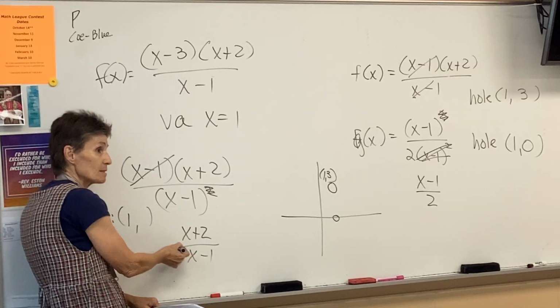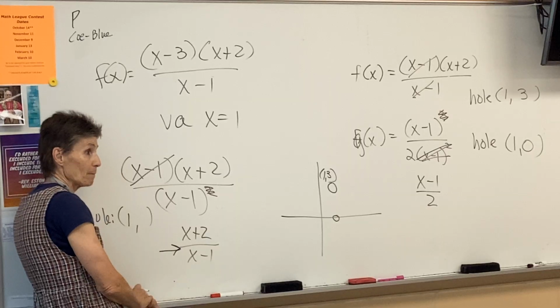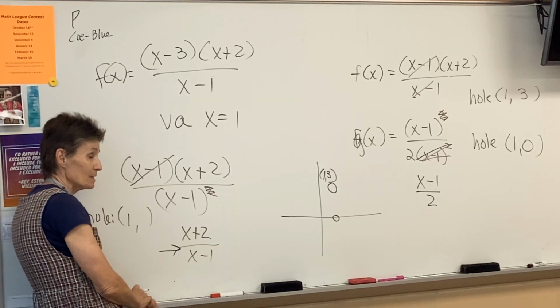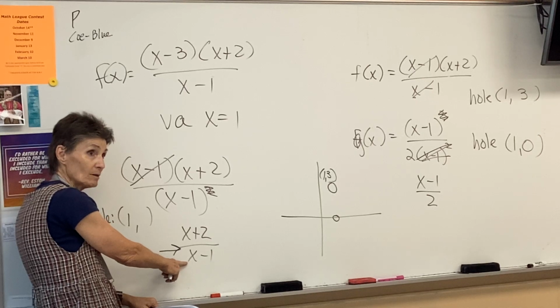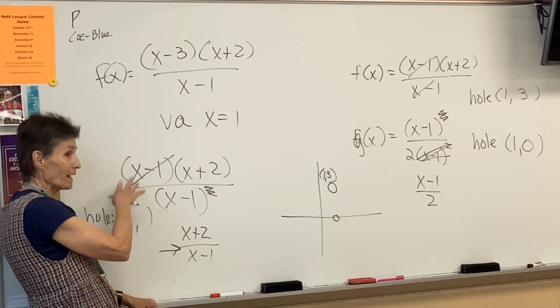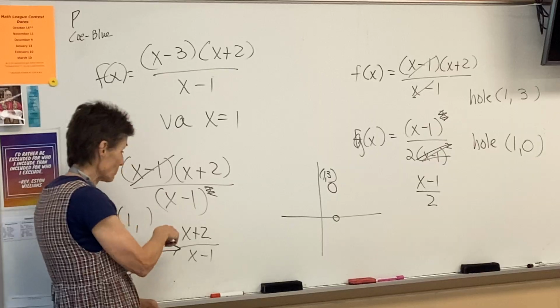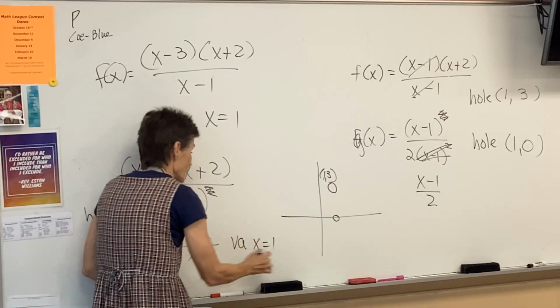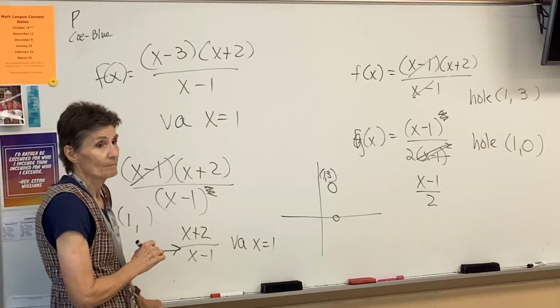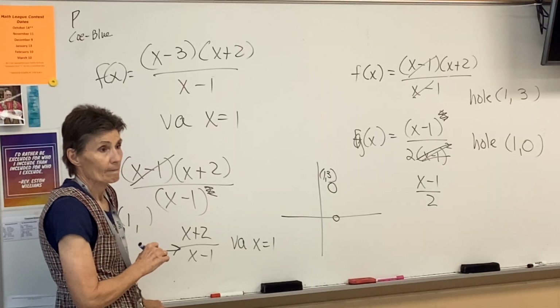But what happens? Can I plug 1 in? No, because I still have an x minus 1 in the denominator. So even though I cancel, this problem has no holes. It has a vertical asymptote at x equals 1. Okay?